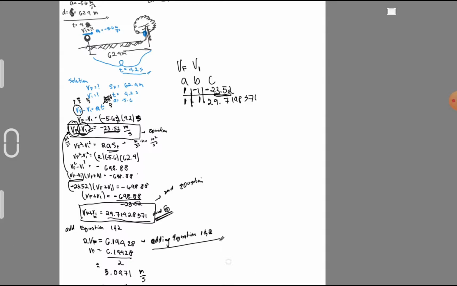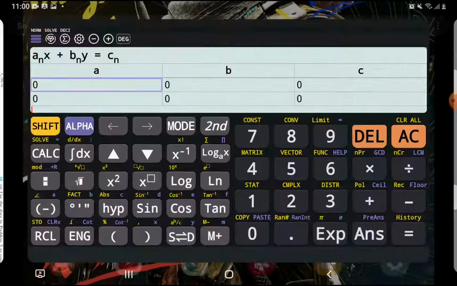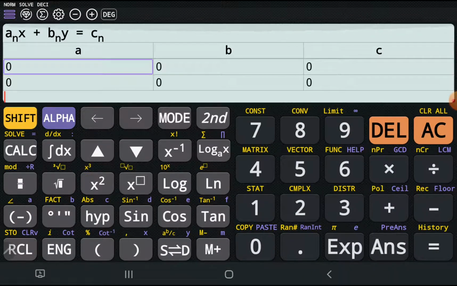So 1, negative 1, negative 23.52, tapos 1, positive 1, tapos 29.7148371. Okay? Using our calculator. So, mapapansin nyo, pati na rin sa 991ES users, this notation. Kaya, may equal sign siya dito, tama? Which means that, you must transpose your constant value to the right. Yan, kaya nakatranspose yung ginawa natin.